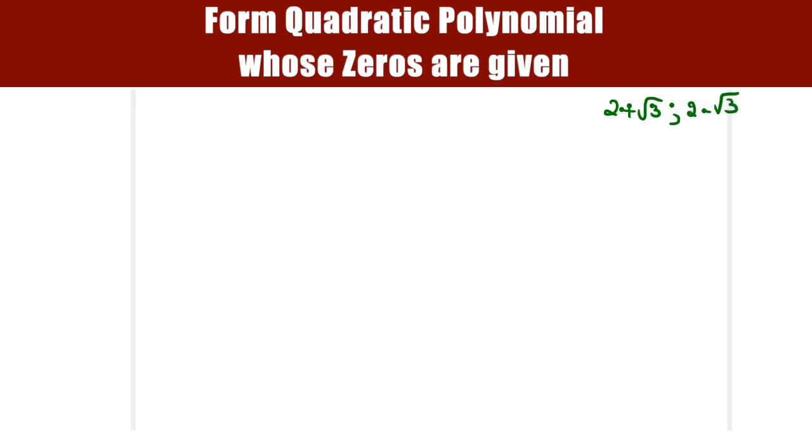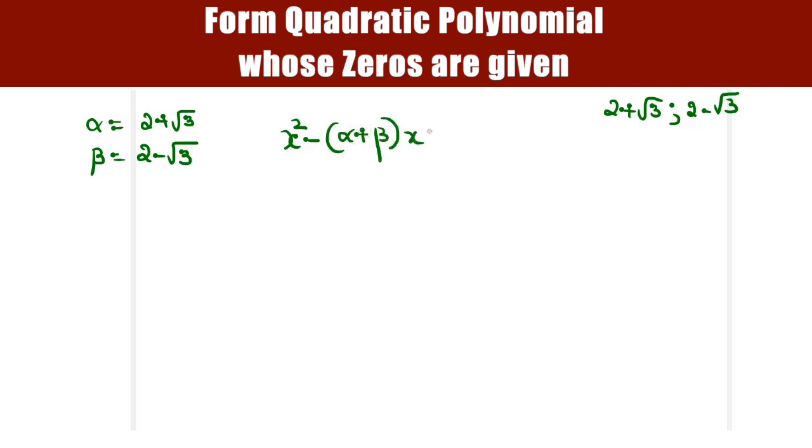If I look at the zeros, I'm going to name one of them as alpha. So 2 plus root 3 is alpha and beta is equal to 2 minus root 3. We know that any quadratic polynomial is of the form x squared minus (alpha plus beta) x plus alpha beta.